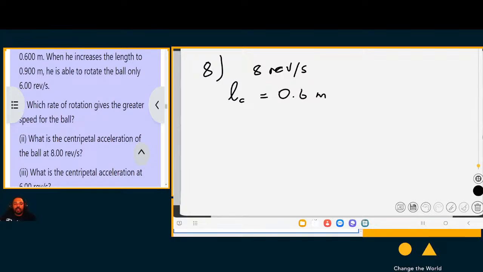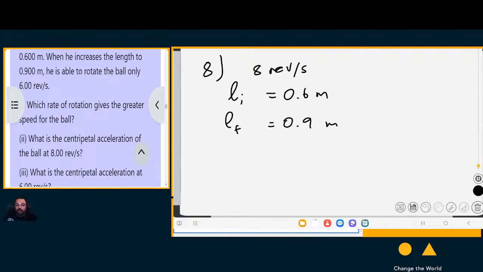When he increases the length of the chain, let's call this the initial length, length initially is equal to 0.6 meters. But then he increases the length, so length final is 0.9 meters. He's able to rotate the ball only 6 revolutions per second.